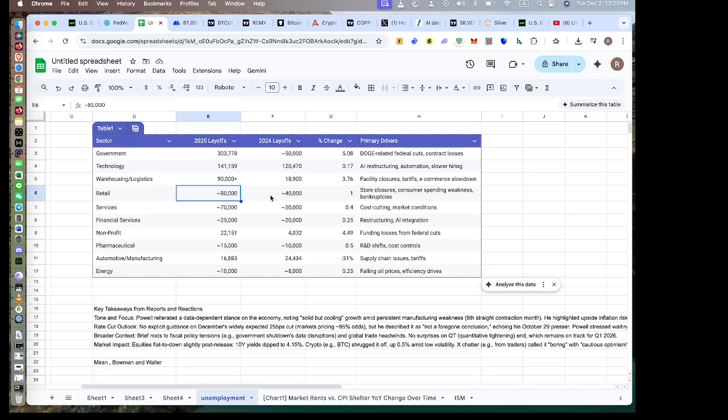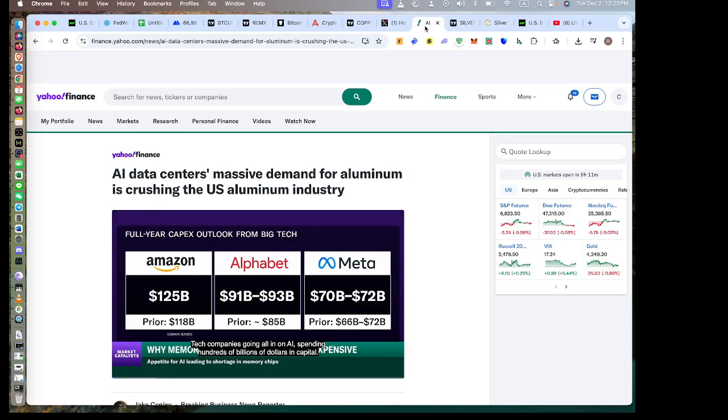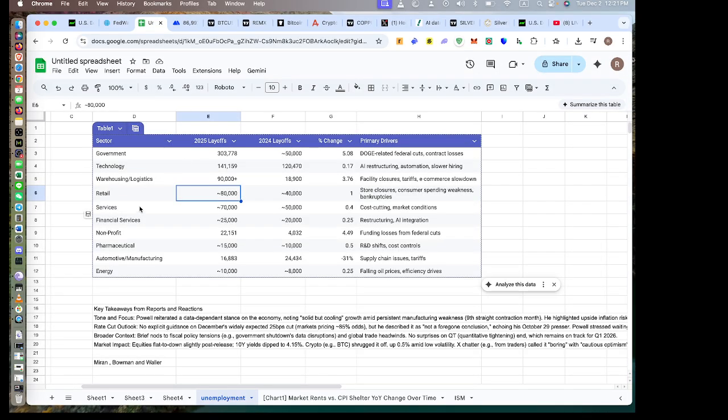You have to say, okay, ticking up, what's going to happen given AI? What's happening in AI? AI is displacing jobs in services, in financial services, in retail. It's all going to be run by Elon's bots. Warehouse logistics, AI, technology, AI.